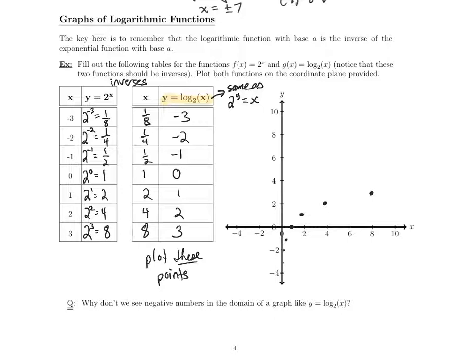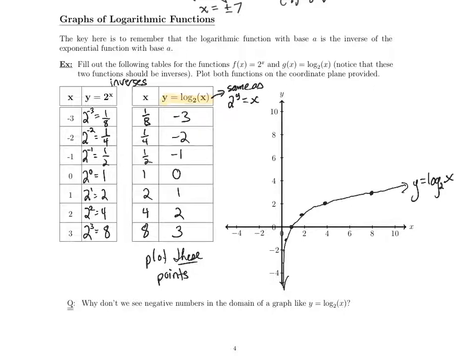And you can see that this is going to be getting closer and closer and closer to that y-axis. But we never will hit the 0, and we're never going to go into the negatives. So this is the graph of y equals log base 2 of x. And the way I came up with the ordered pairs for that function is by coming up with the ordered pairs of 2 to the x equals y.